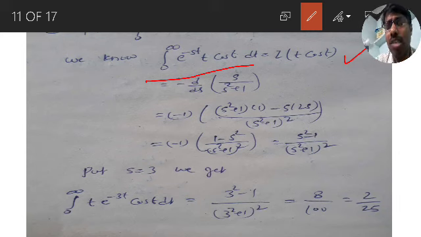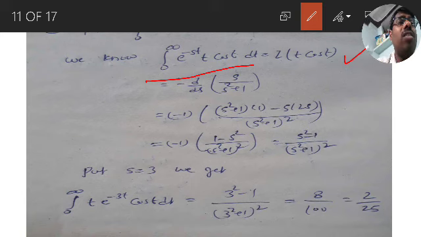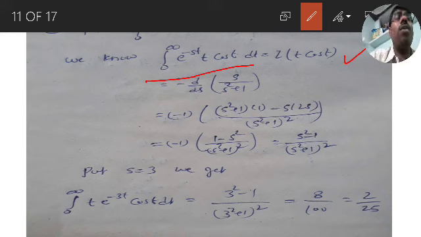What is L of cos t? That is L of cos a t, again a standard formula, s by s square plus a square. Now L of cos t is s by s square plus 1. So L of t into cos t is minus d by ds of s by s square plus 1. Derivative of u by v method: the denominator into derivative of u minus u into derivative of v, by v square.